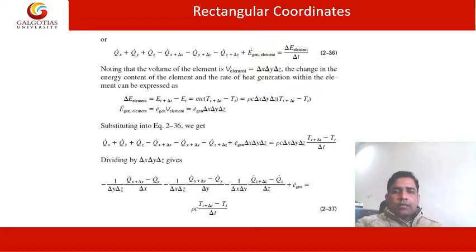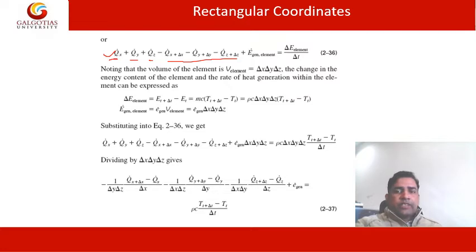So this is the equation that we will get. Heat conducted through x we can term as q dot x, then q dot y will represent the heat conducted along the y direction, then q dot z along the z direction, and these other parameters like q x plus delta x, q y plus delta y and q z plus delta z will represent the heat conducted through x plus delta x, y plus delta y and z plus delta z.